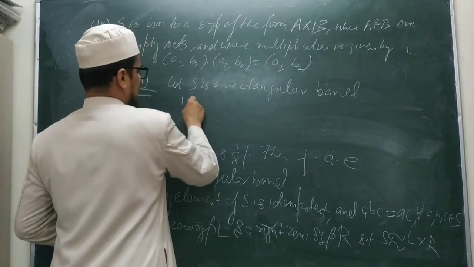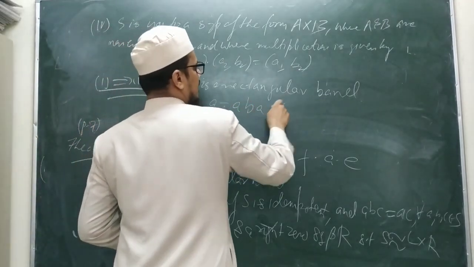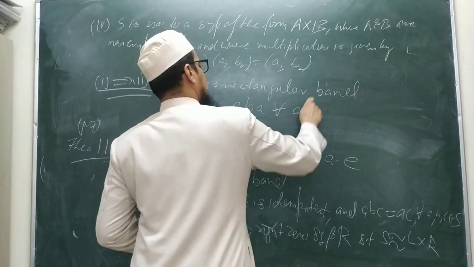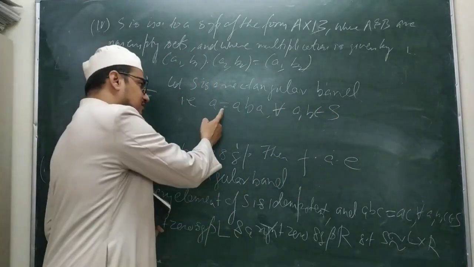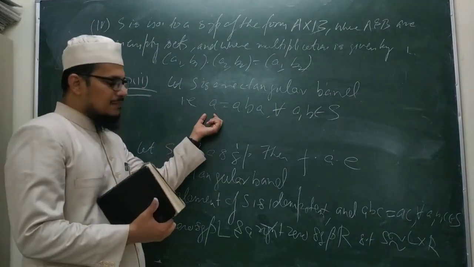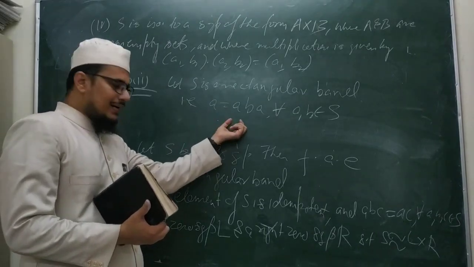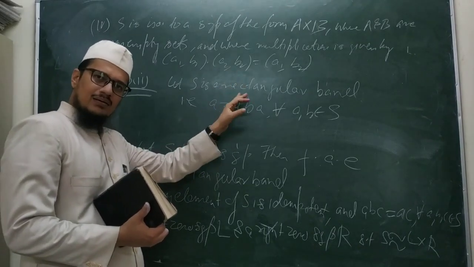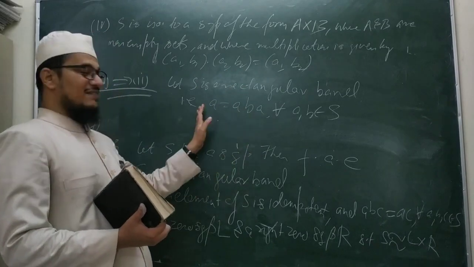That is, A is equal to what? ABA for every A, B belongs to S. So try to understand what it is. It means that every element can be written as the same element into any other element into again the same element, which is at the first place, or which is at the left hand side.